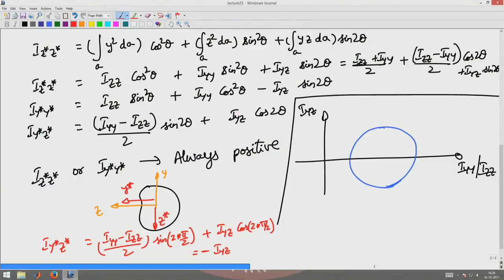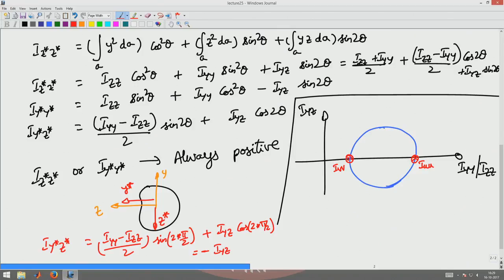Say the principal axes are denoted by u and v; there will be a minimum moment of inertia I v v and a maximum moment of inertia I u u. We are interested in finding this I u u and I v v and the orientation of u and v with respect to y and z. That is the principal moment of inertia and the orientation of its axes.